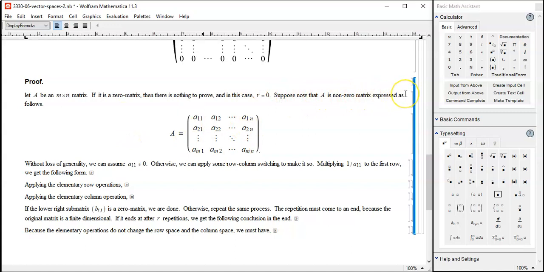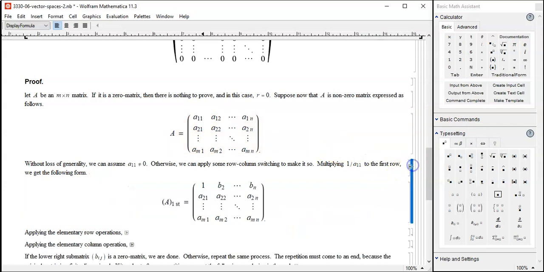Suppose that A is a non-zero matrix expressed like this, and without loss of generality, we can assume A11 is non-zero. Otherwise, if it is 0, we can apply elementary row operations or column operations to switch some rows and columns to move any non-zero element over here, and then start from there. So no problem there. And then, assuming this is non-zero, we begin with an elementary row operation, multiplying by 1 over A11, and make this one into 1.